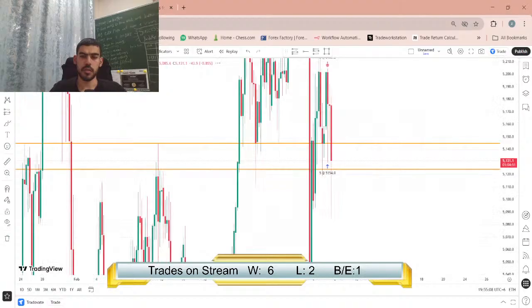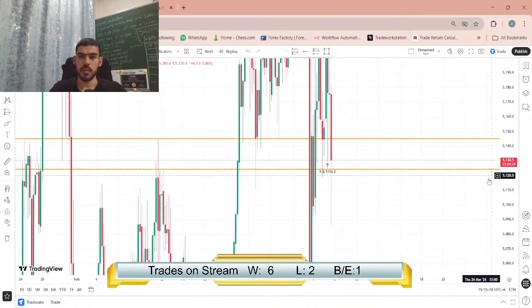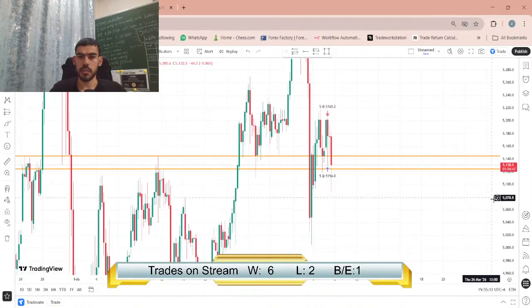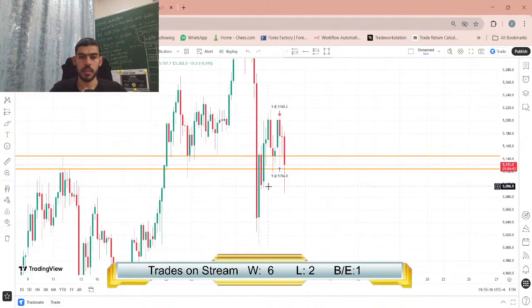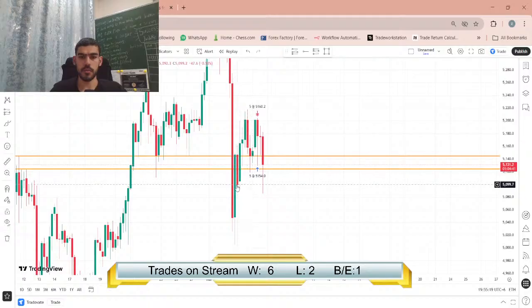The higher the time frame, the better it is. So this 4 hour candle is closing in about 1 hour. I think it can go down to try to re-break this low. There is a high possibility. So let's wait and see.